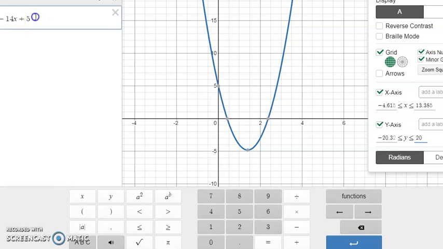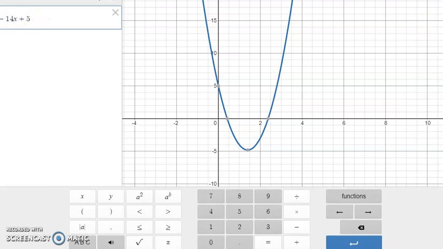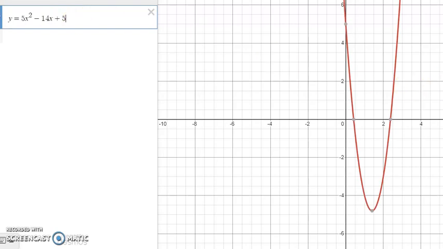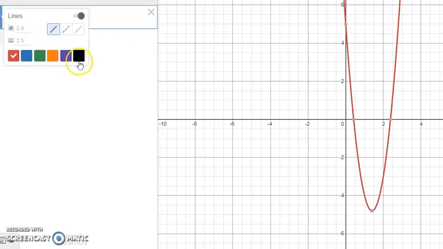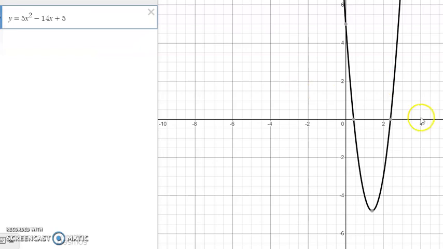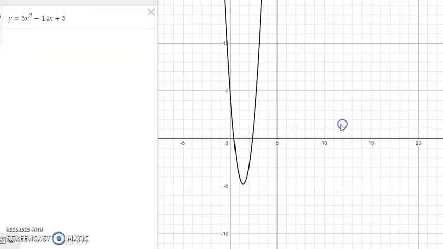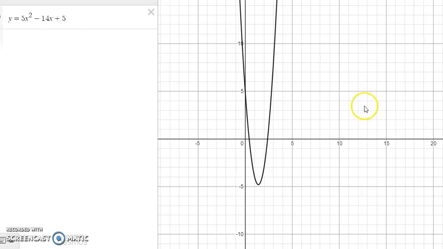What I like to do sometimes is I'll start it right from scratch again. If I use those, I hit desmos.com, just hit graphing technology, put the function in, and there we go, right? Okay, you can make it any color you want. Just hold it there, right? And there we go. And there's your graph. Again, a little steep, but again, you can spread that out if you wish.